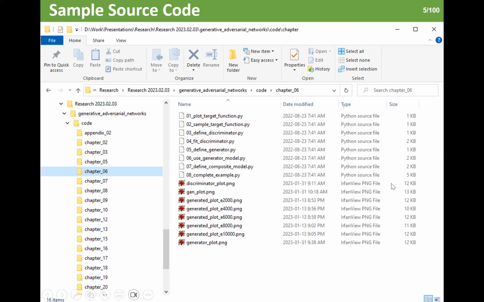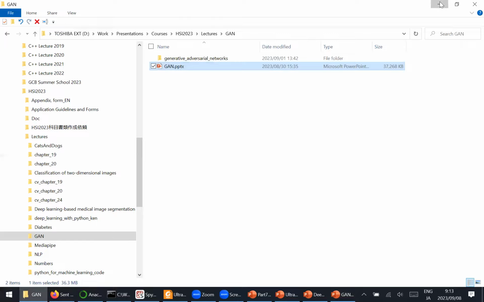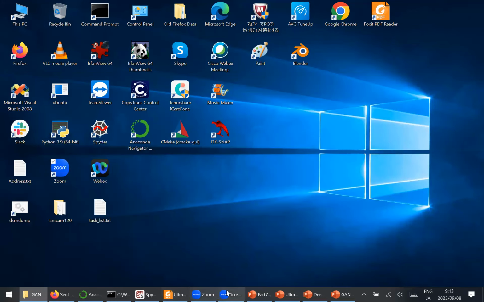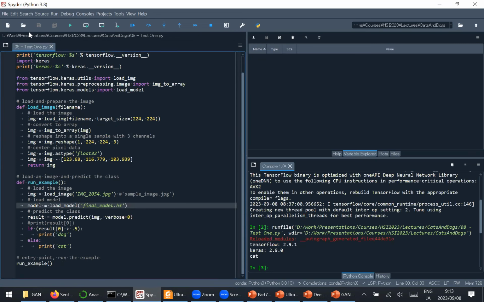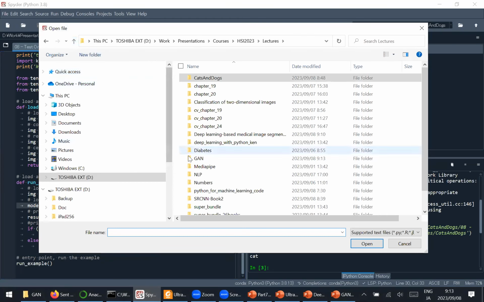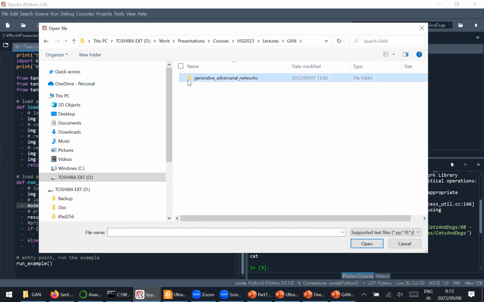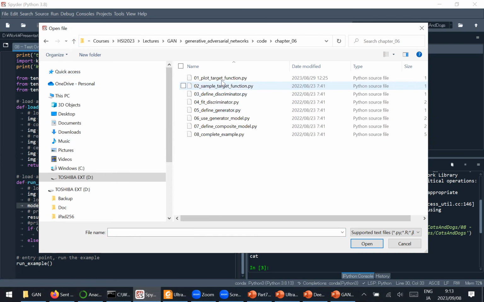Yeah, I thought it would be instructive to actually go through, especially the first couple chapters. Let's see here. In chapter 6.